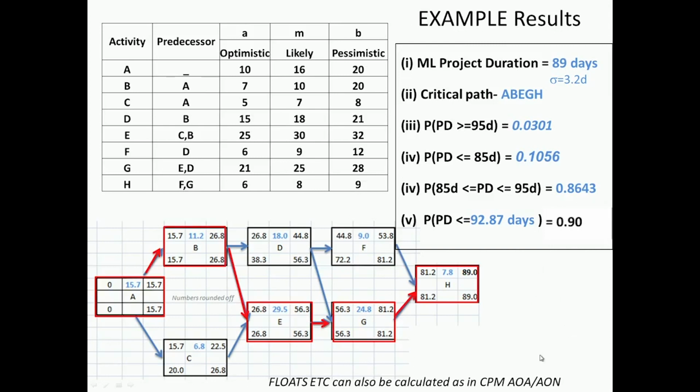We found the variance of the normal distribution, then converted that to the standard deviation. We were able to get all of these values, which we solved step by step. Now, in addition to this, just as we did in CPM, floats and other things can also be calculated, but we are not getting into that in this session.